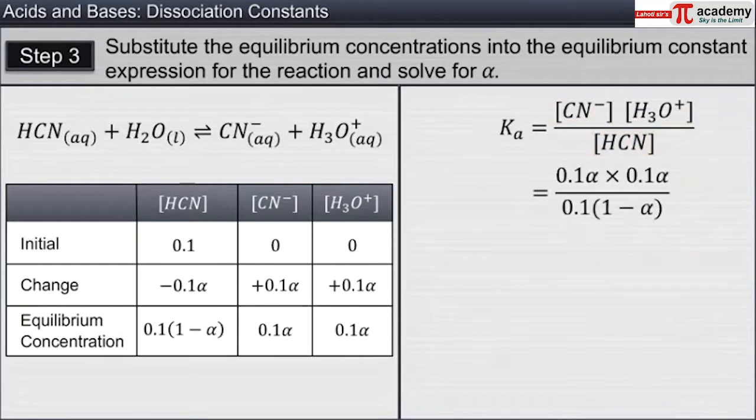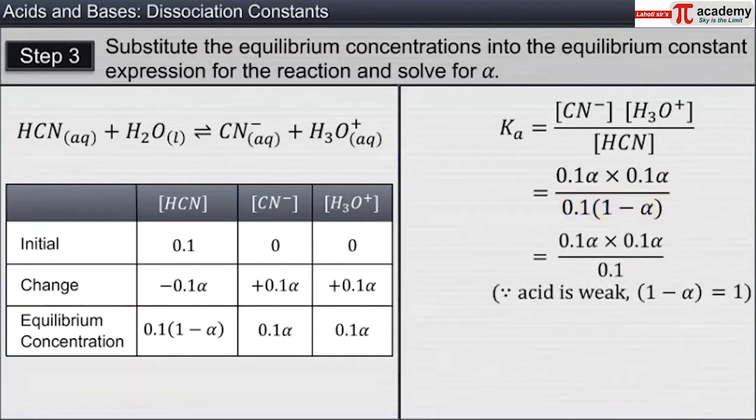On substituting the equilibrium concentrations into this equation, we get 0.1 alpha multiplied by 0.1 alpha divided by 0.1 multiplied by 1 minus alpha.